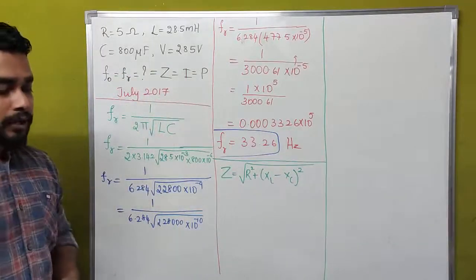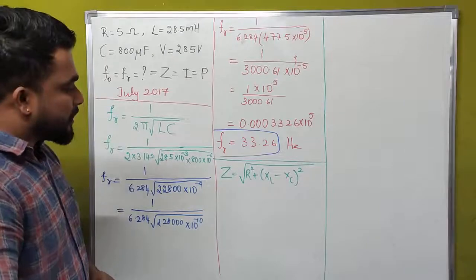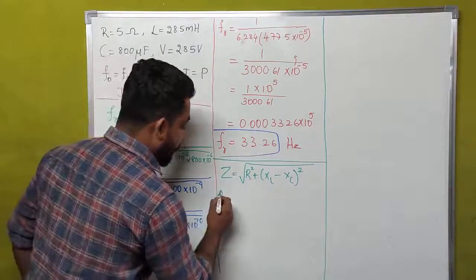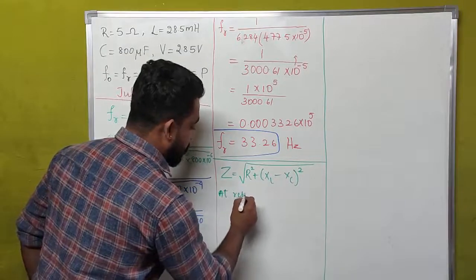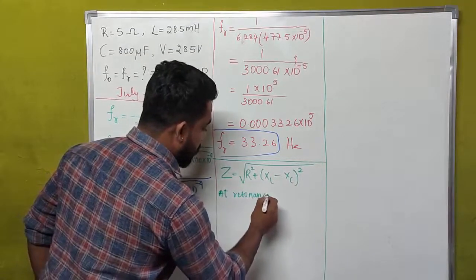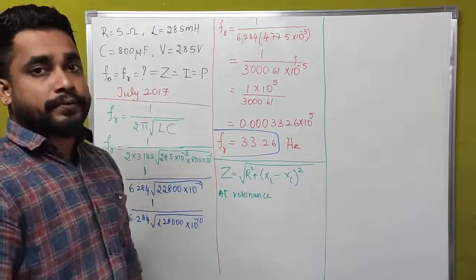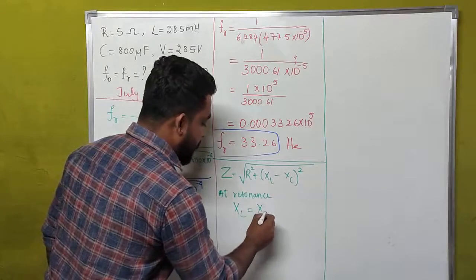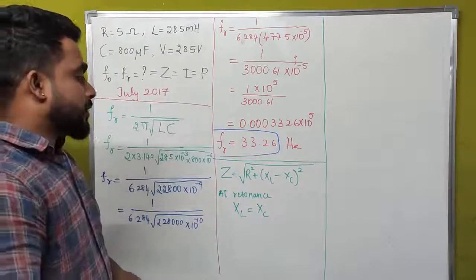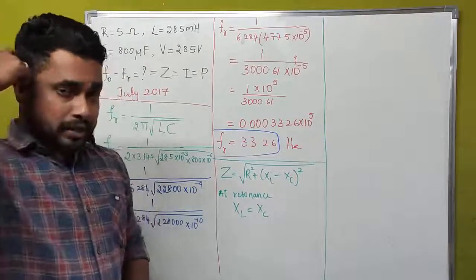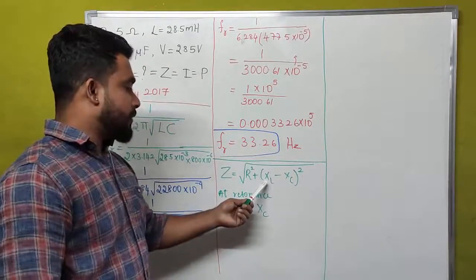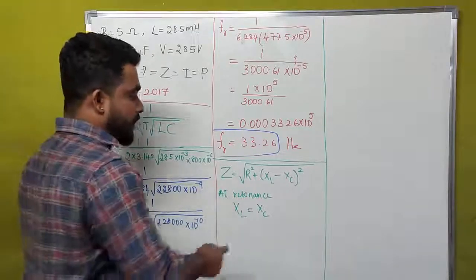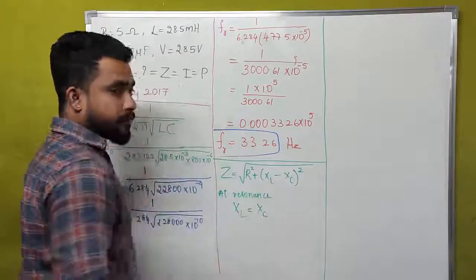Now, in case of the resonance condition, we know that XL is equal to XC. At resonance, the value of inductive reactance is equal to the value of capacitive reactance, so these two terms cancel each other.